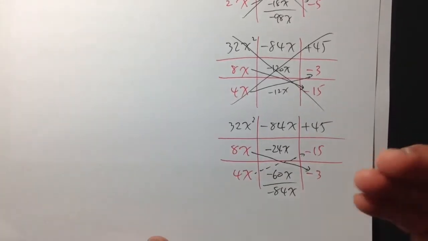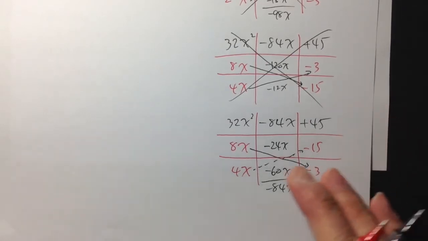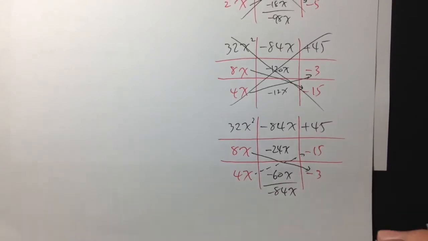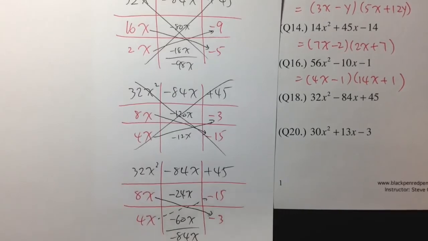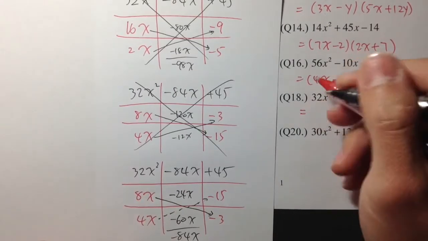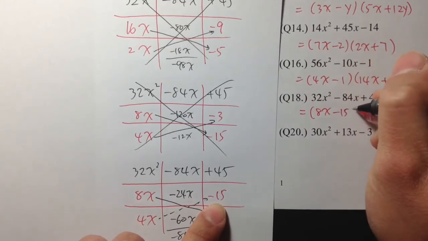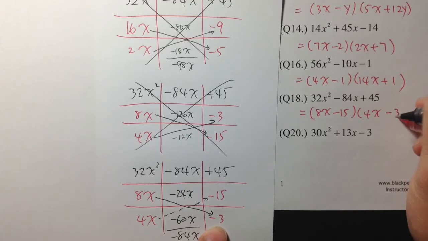So I think you guys can see the techniques of how this works. The difficult part is just to find the right combination, especially when we have big numbers. However, the answer for number 18 is 8x minus 15 times 4x minus 3.